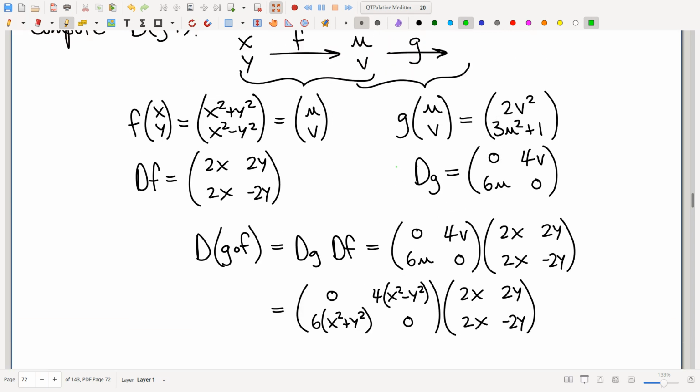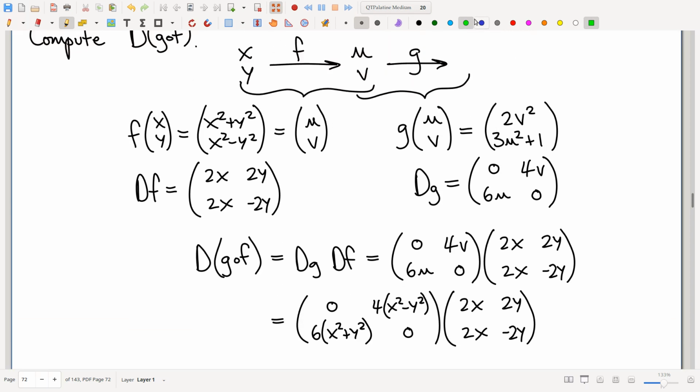Let's see here. Having set things up as we did, what do I do with this u right there? Well, u, being the first input to g, is also the first output from f. And so plug in accordingly.